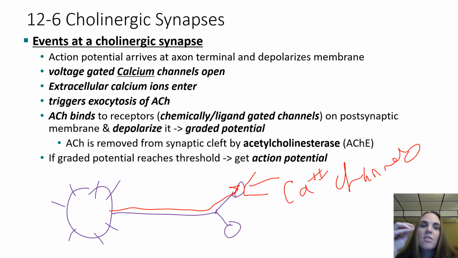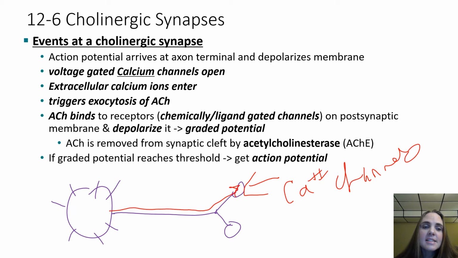That local current that's traveling down is going to trigger the opening of a voltage-gated channel. So once that action potential comes down and depolarizes the axon terminal, it triggers the opening of those voltage-gated calcium channels in the axon terminal.